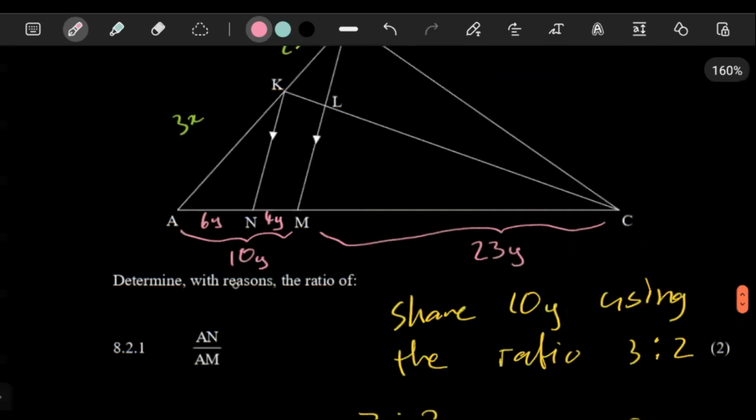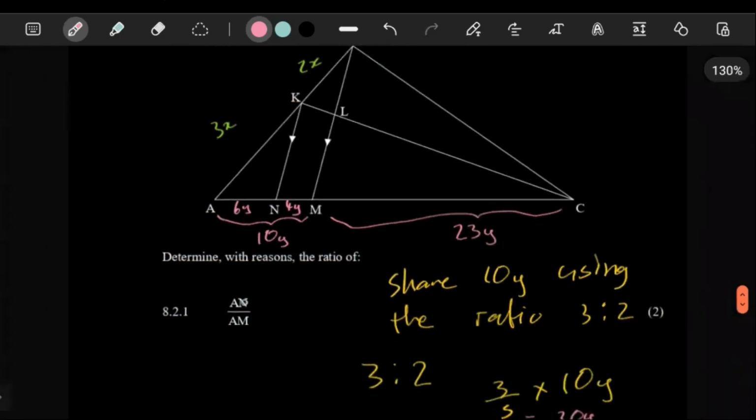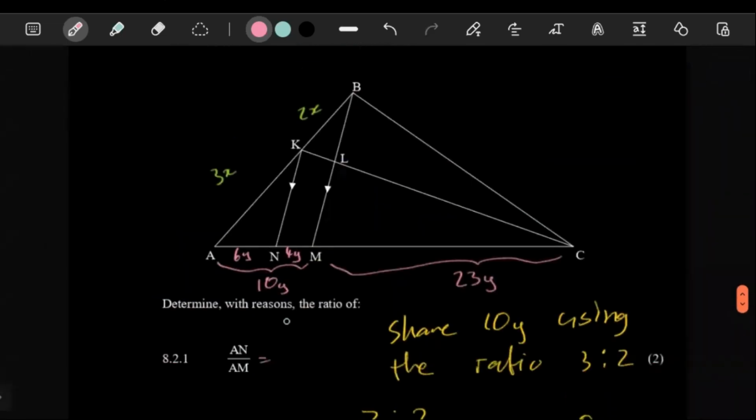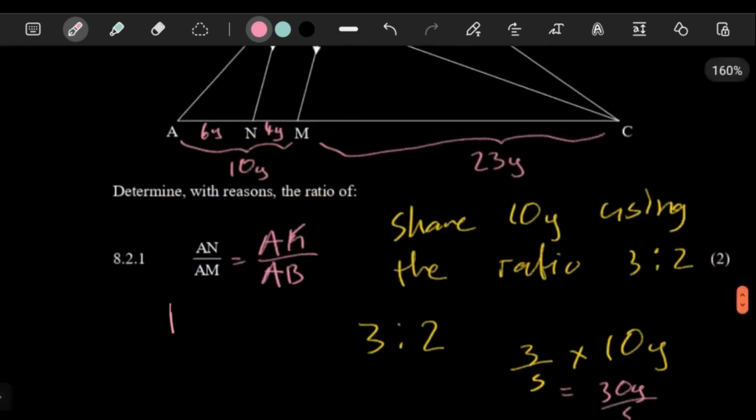So now you can say, firstly, AN over AM is the same as AK over AB. The reason for that is the proportionality theorem.